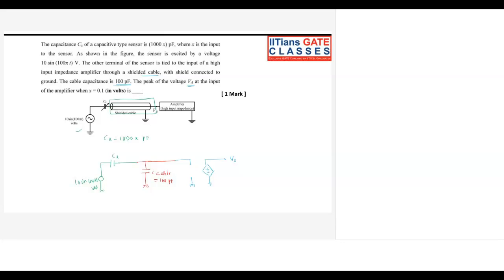It means they are asking what the input is here, right? This is the peak value they are asking. What is the peak value when the displacement x is 0.1? So if x is 0.1, Cx is 1000 into 0.1 picofarad. This is the basic question.